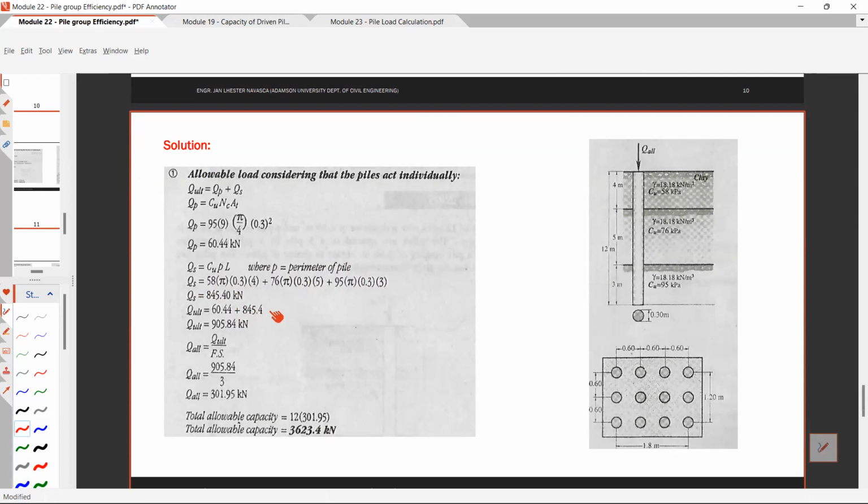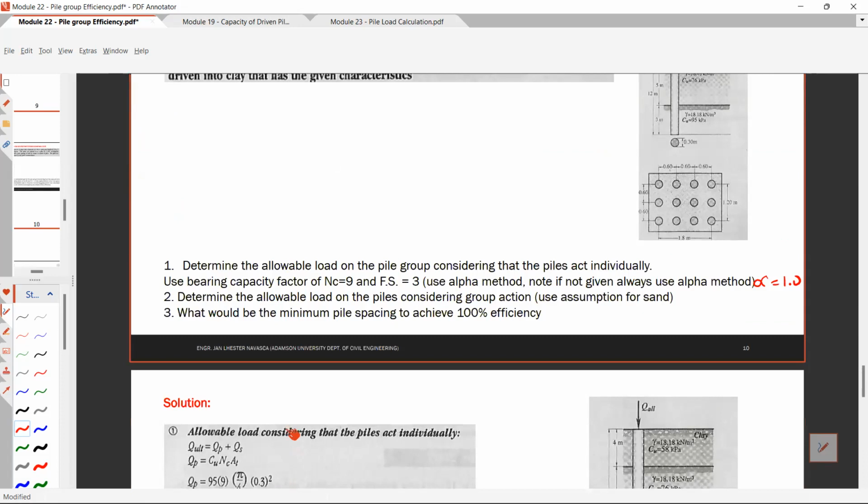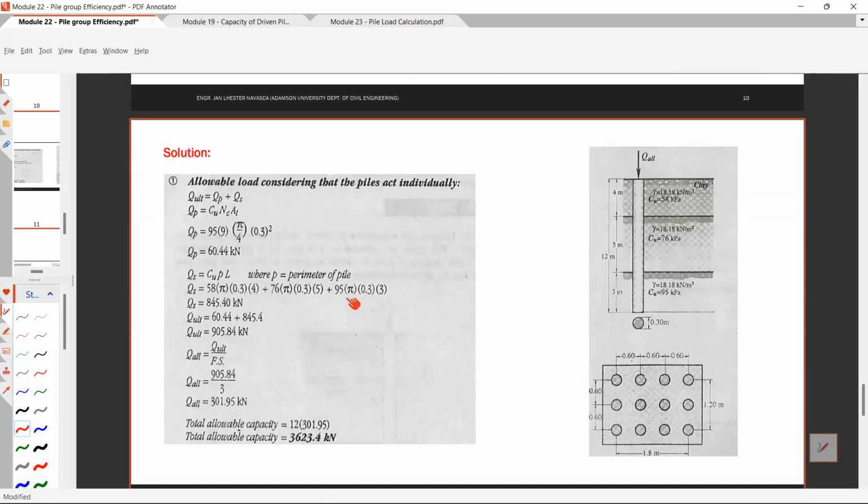So the total capacity is 60.44 plus 845.44, which is 905.84 kilonewtons. The question is, what is the allowable load using a factor of safety of 3? The 905.84 kilonewtons does not yet include the factor of safety of 3, so you will divide this by 3.0, and therefore your allowable capacity is 301.95 kilonewtons.